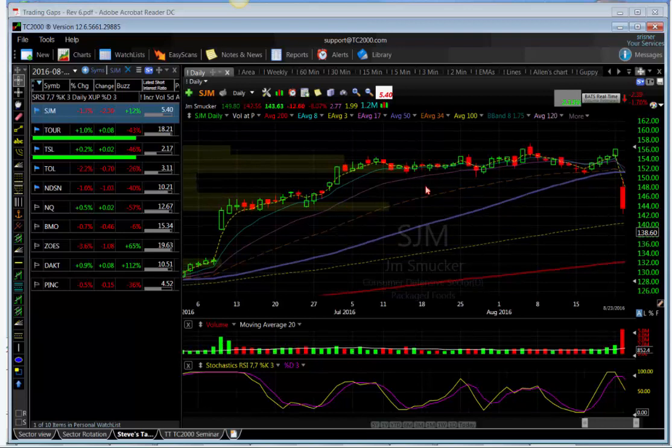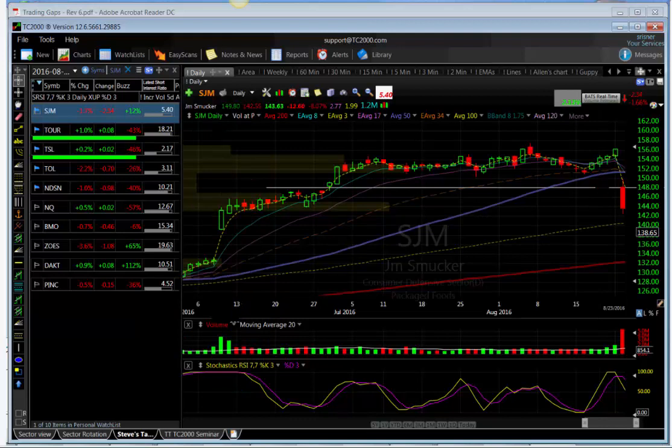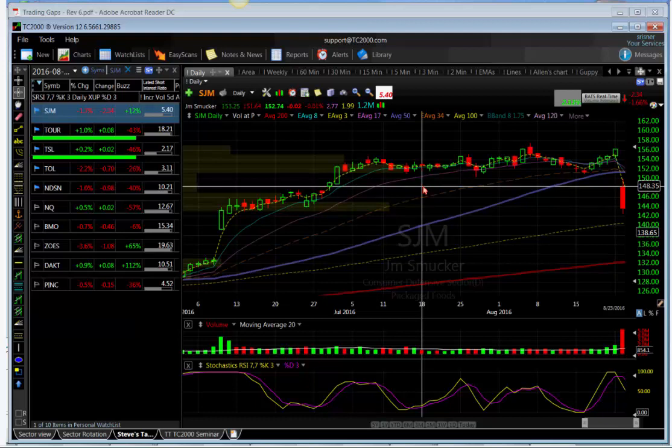Yikes. We get a big gap down to 148. Everybody above this line right now is underwater. At the time we opened, everyone for about the last 2 months that was in this stock is now underwater.